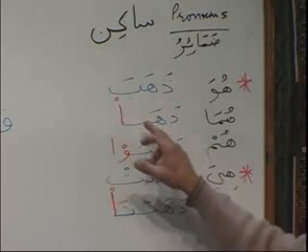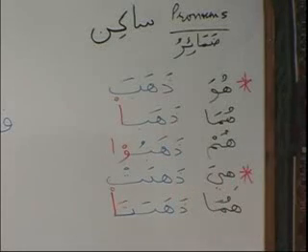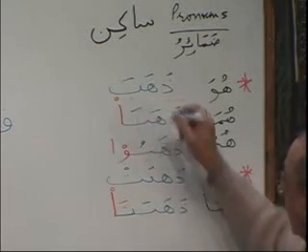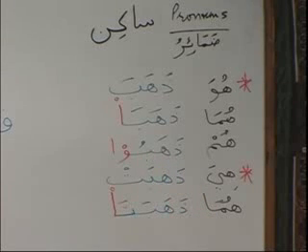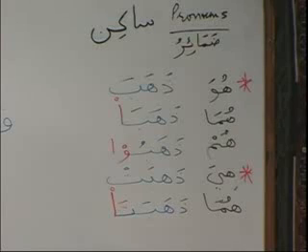Here, zahaba. Zahaba. There is a harakat on lam kalima. What happens there? It gets a sukoon. Why does it get a sukoon there? Because the pronoun that is a fa'il is mutaharrik.